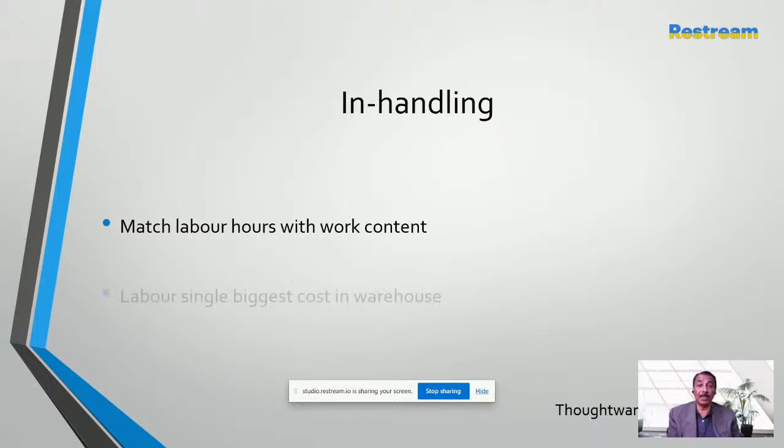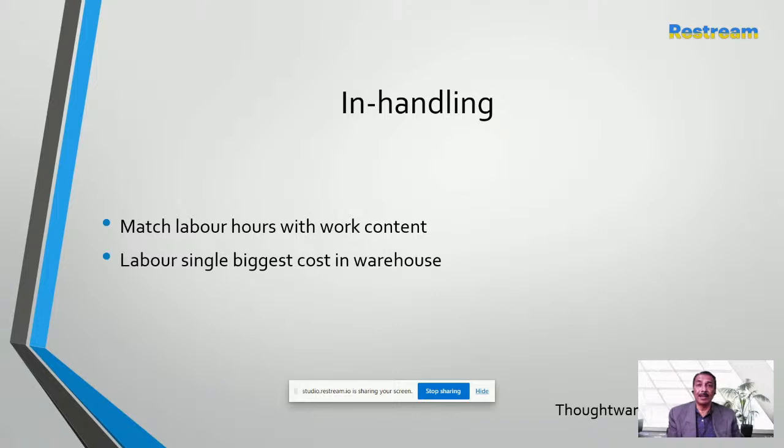If the warehouse operation has to be managed, it has to be coordinated. Labor is one of the biggest costs in the warehouse. So you have to ensure that you are able to use them in an efficient manner. Okay, and labor is the most difficult cost to control, especially nowadays, when you do not get more people working in a warehouse.